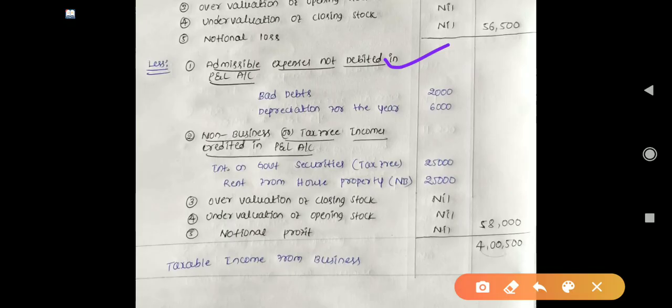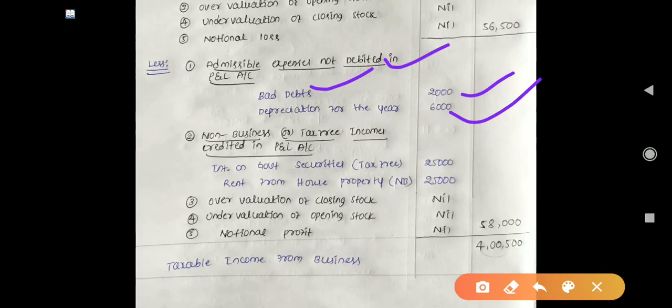Not debited means not recorded on the debit side of the profit and loss account, but given in the adjustments. If any admissible expenses are not debited but given in the adjustments, you have to deduct them. So here bad debts, 2,000 rupees, is given in the adjustment. Depreciation for the year, 6,000 rupees, is given in the adjustment, so you have to consider it here.